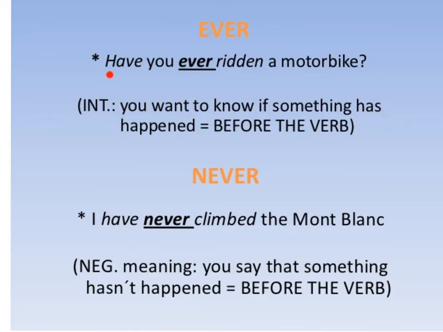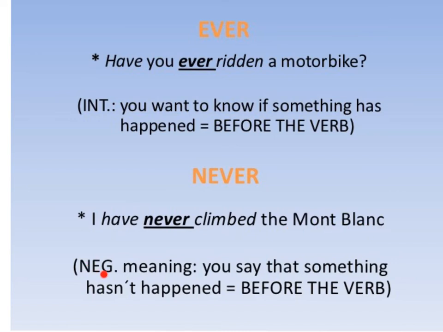Ever, another example. Have you ever ridden a motorbike? That is interrogative. You want to know if something has happened before. Pay attention, we put it before the verb. And never, for example, I have never climbed the Mont Blanc.